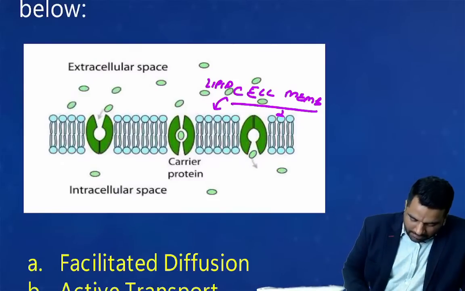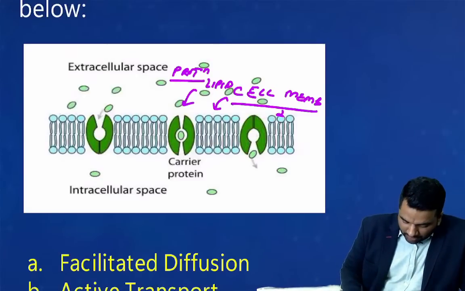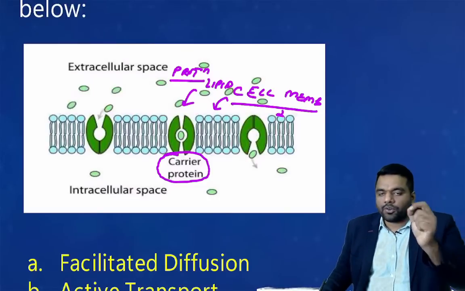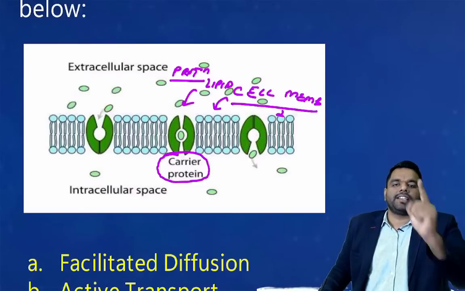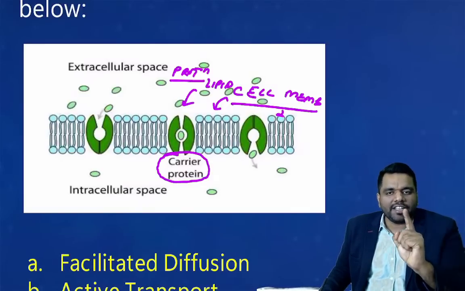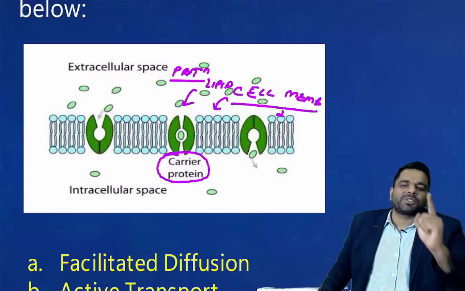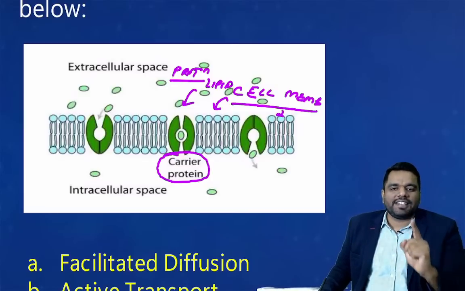This is the lipid part, and this is the protein part. It is also mentioned here that this is the carrier protein. I told you that whenever a carrier protein is present, it means somebody is providing the facility for transporting a molecule across the cell membrane. So this is a type of facilitated diffusion.